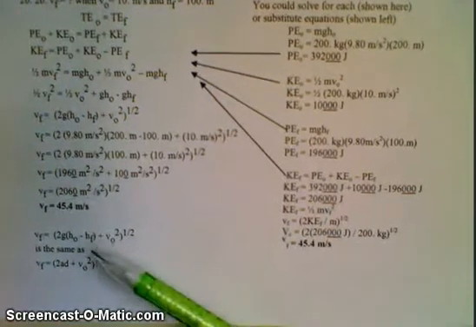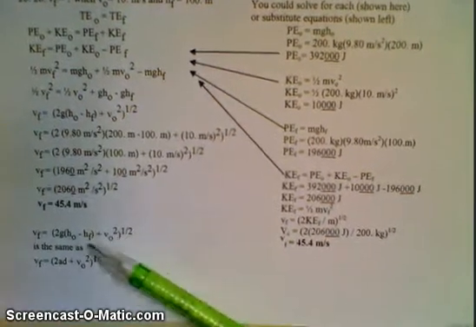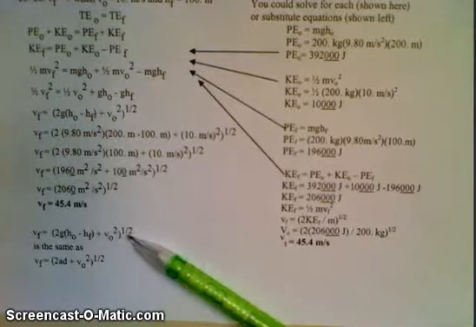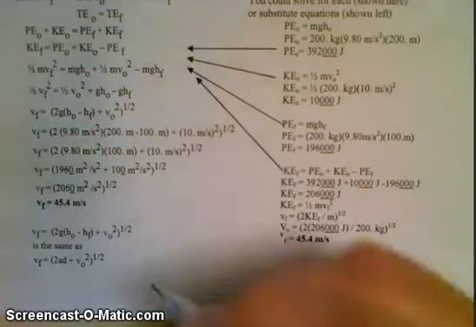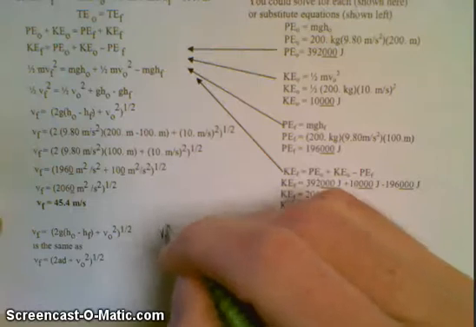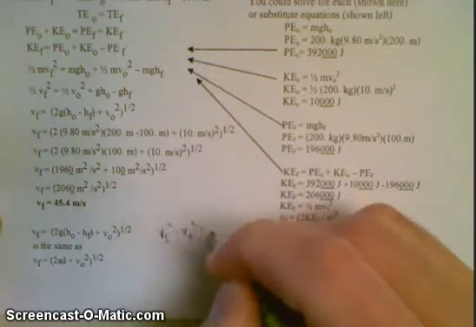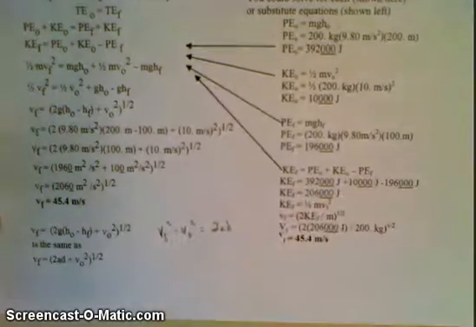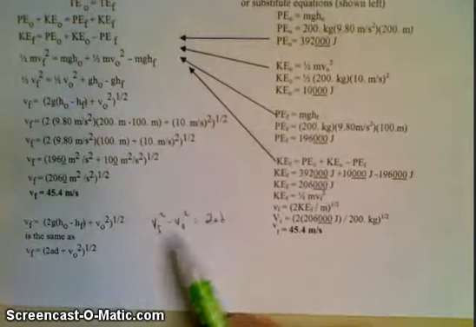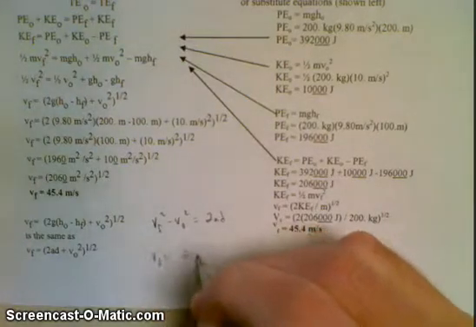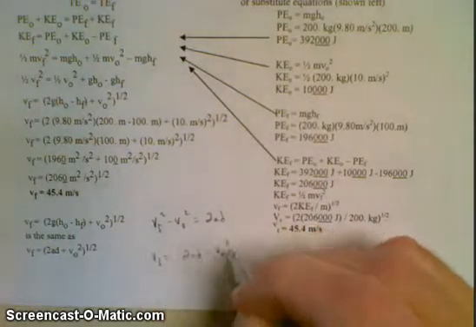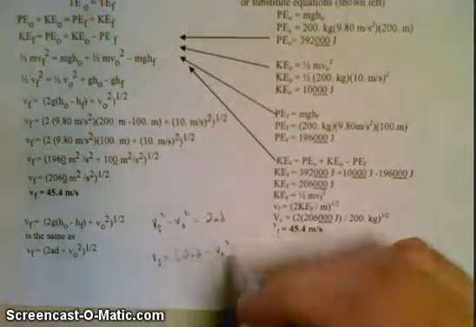And kind of the neat thing here is if you look, you'll see that this equation, we've seen it before. This looks familiar, right? So if I solve for VF, it's equal to 2AD plus V initial squared, and then I'm taking the square root.